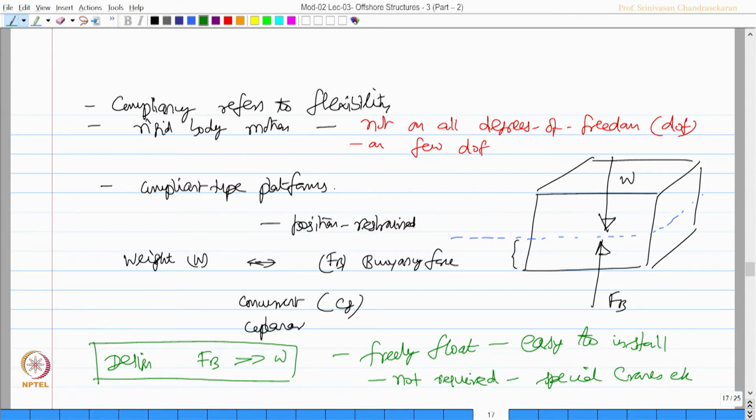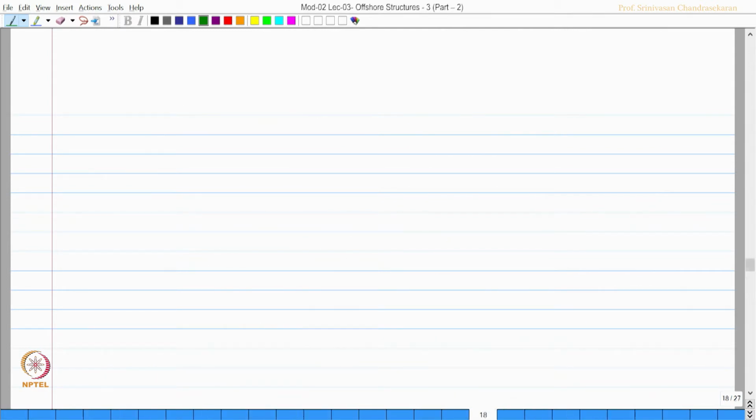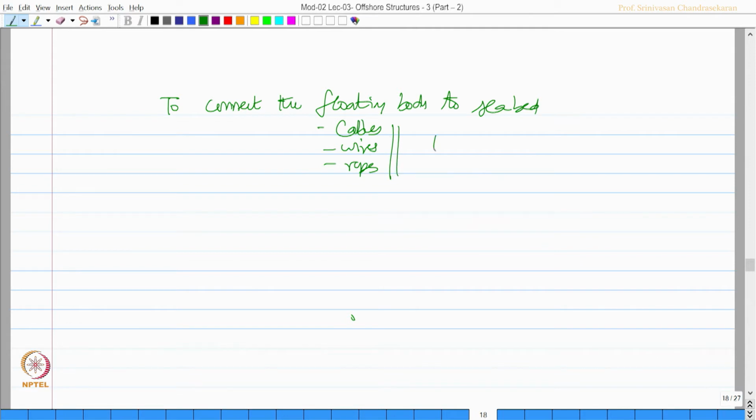Now, how to restrain this motion? You have got to connect this body to the seabed, but not resting the body on the seabed. So, to connect this body to seabed, one can use cables, wires, ropes, they are all called as tethers or tendons. There are varieties of compliant platforms which are constructed conceptualizing what we have just now discussed. So, let us see them in the next lecture.